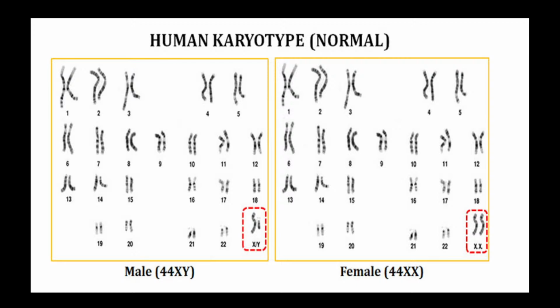So you see that in somatic cells of normal people there are 46 chromosomes: 44 autosomes and 2 sex chromosomes. So these are normal male and female human karyotypes.